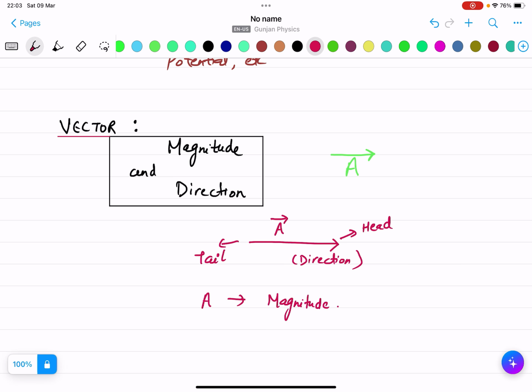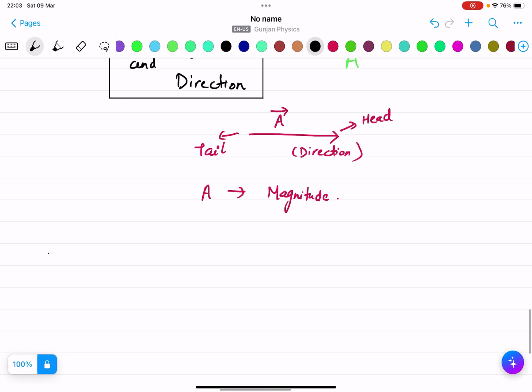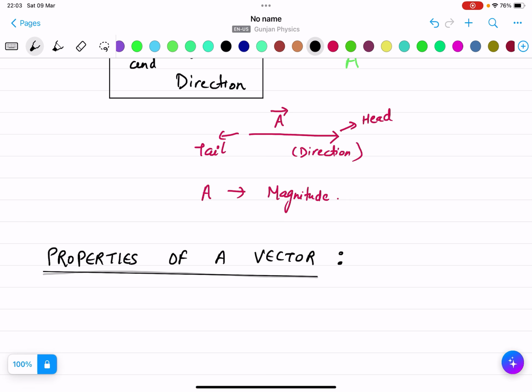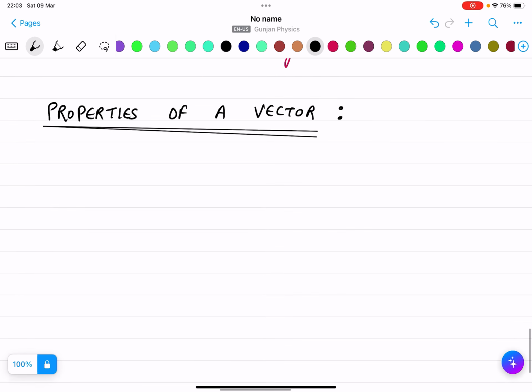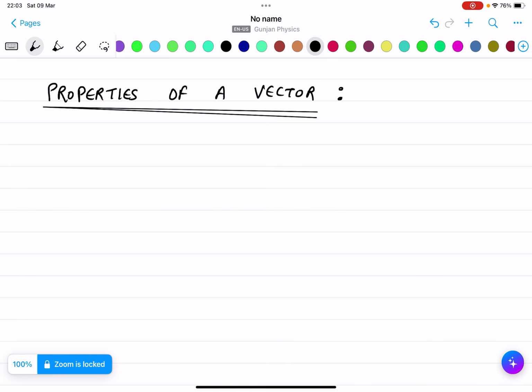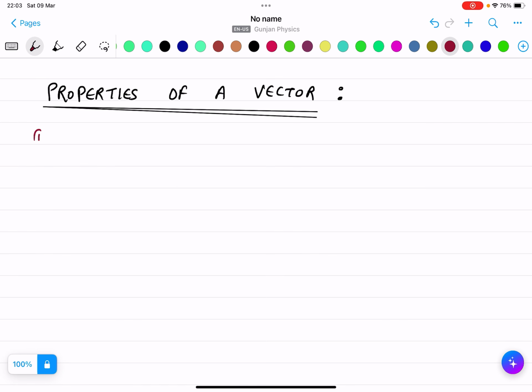Now we will study the properties of a vector. That's the next heading, properties of a vector. The first property is equality of vectors.